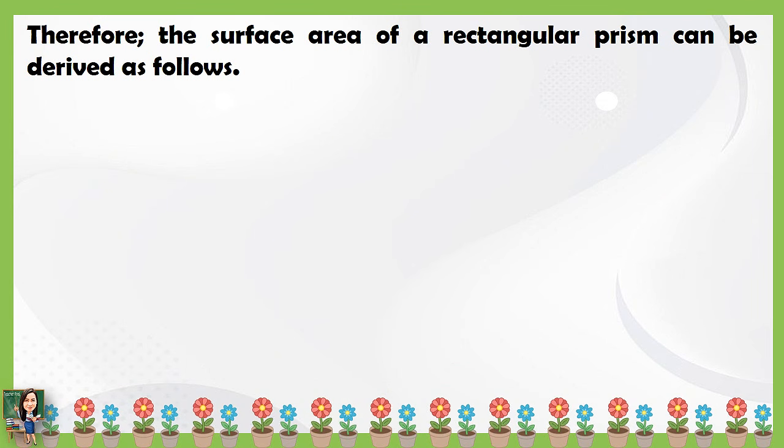Therefore, the surface area of a rectangular prism can be derived as follows.